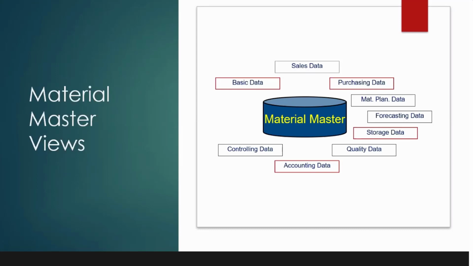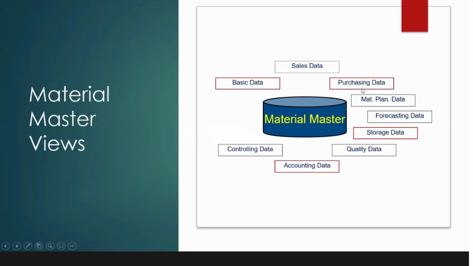You can have 10, 20 views for each material that you will define and use in SAP. What is important in MM, material management? It is the basic data, purchasing data, storage location, and accounting. These are very important views that you have to use.